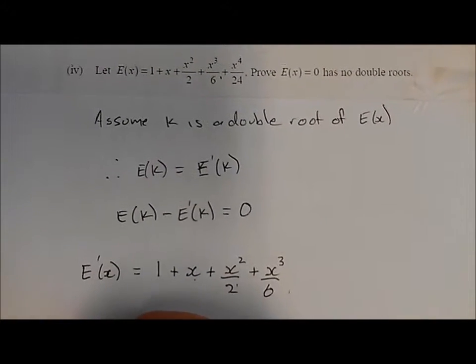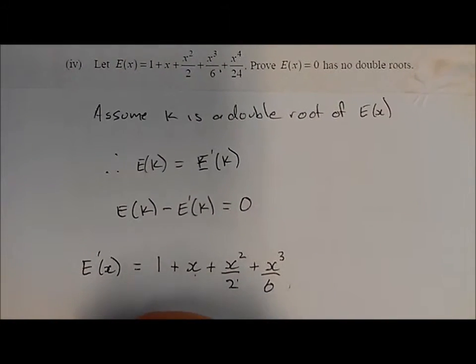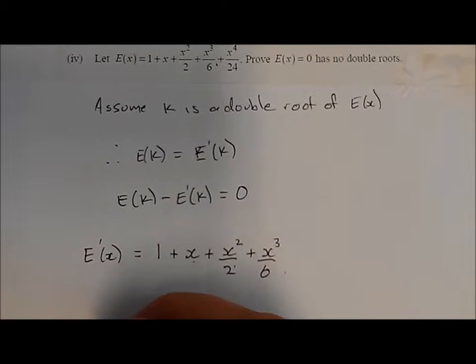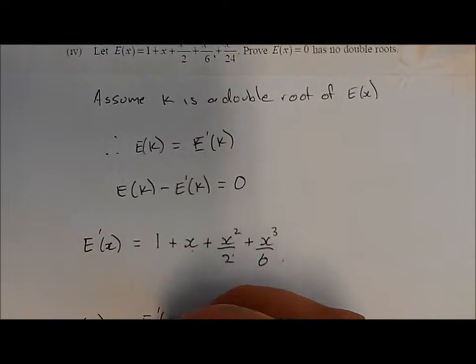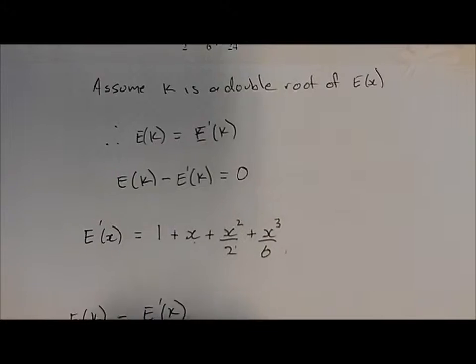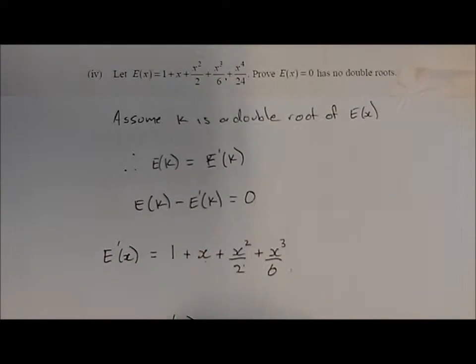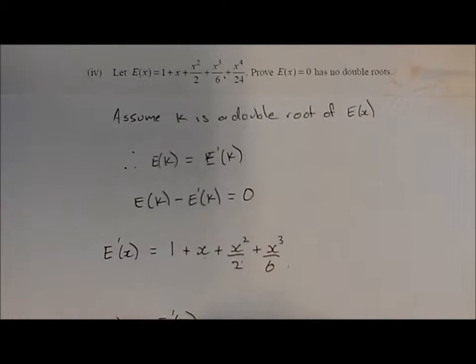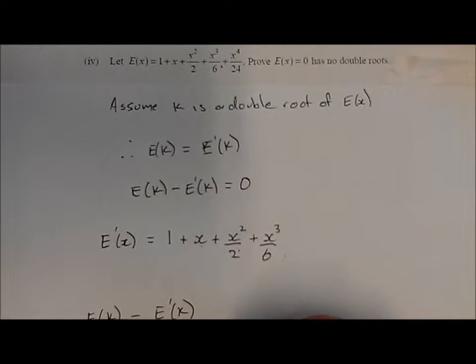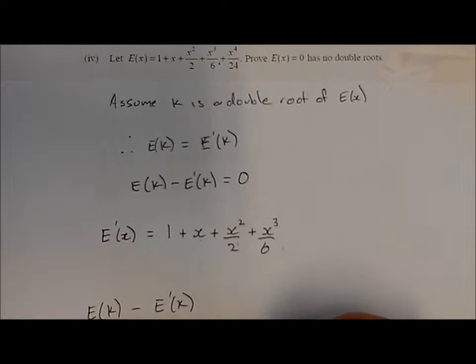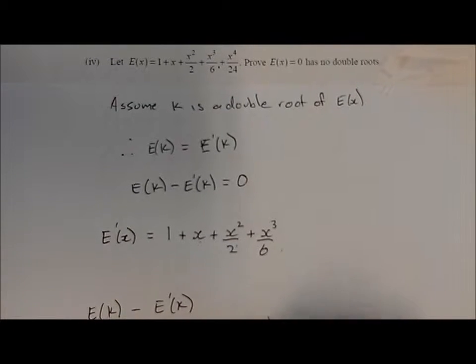So e of k minus e dash of k turns out to be, when I put k into this one here, 1 plus k squared on 2 plus k cubed on 6 plus k to the 4 on 24.